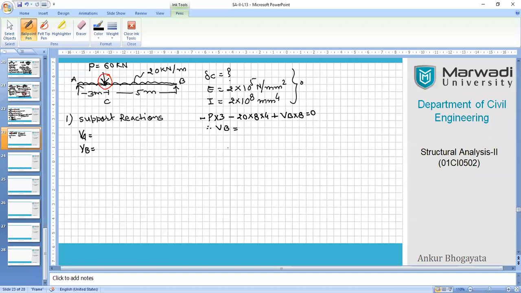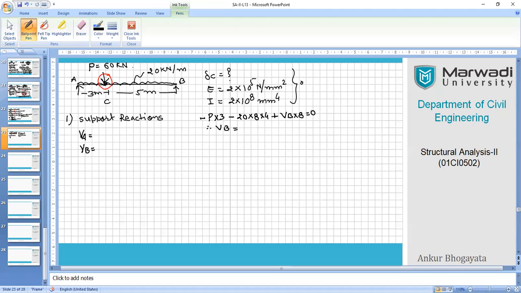As an engineer, you should have some notion of how the force P will be divided. You can observe here that 20 kilonewton per running meter is a load which is available on the entire span, right? So the distribution of this force will be equal on each support. However, the location of force P is not symmetrical or centrally located. So definitely according to the proportion of the length fragments, there will be a difference in the reaction.